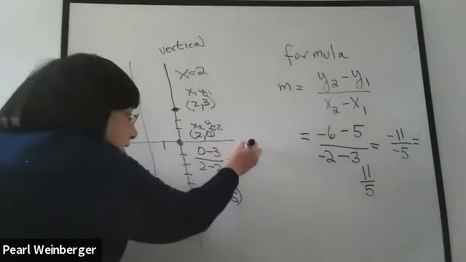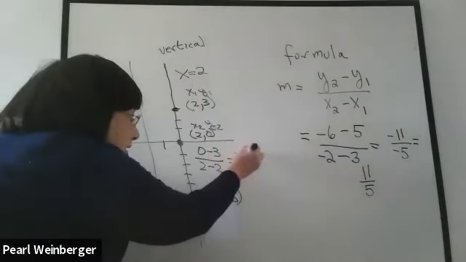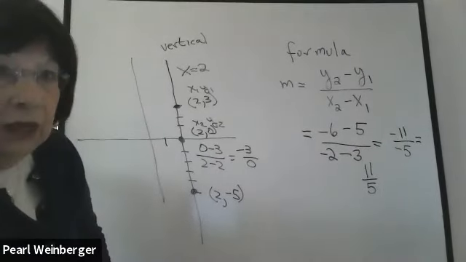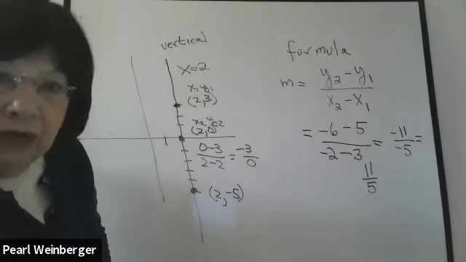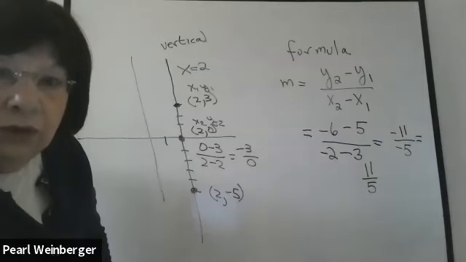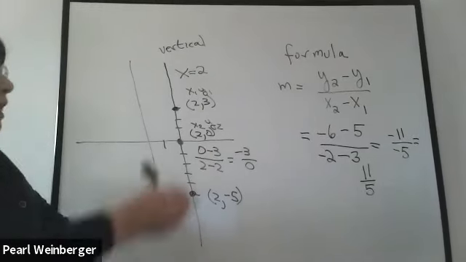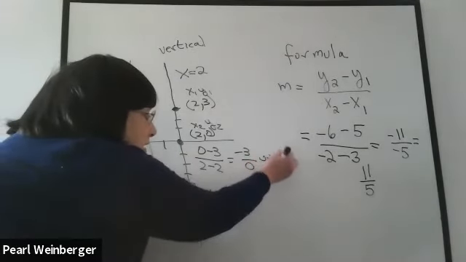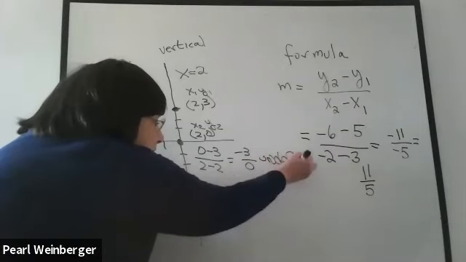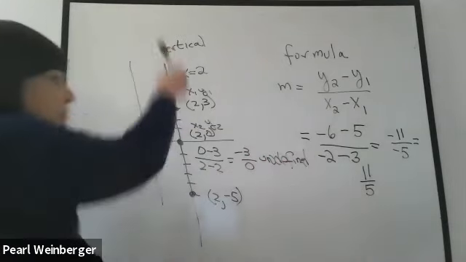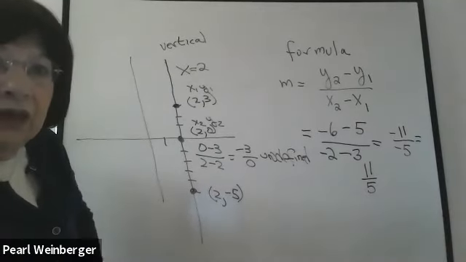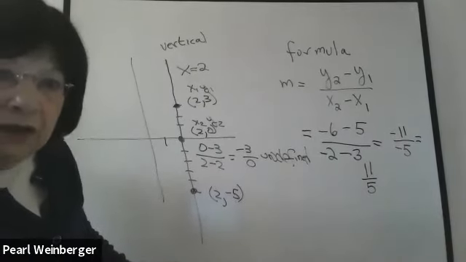So this gives me -3 over 0. And we're getting 0 in the denominator. And the one thing you're never allowed to do is have 0 in the denominator of a fraction. You cannot divide by 0. When that happens, we say that's undefined. It doesn't exist. The slope of a vertical line is undefined because it's trying to divide by 0. It's a 0 in the denominator.